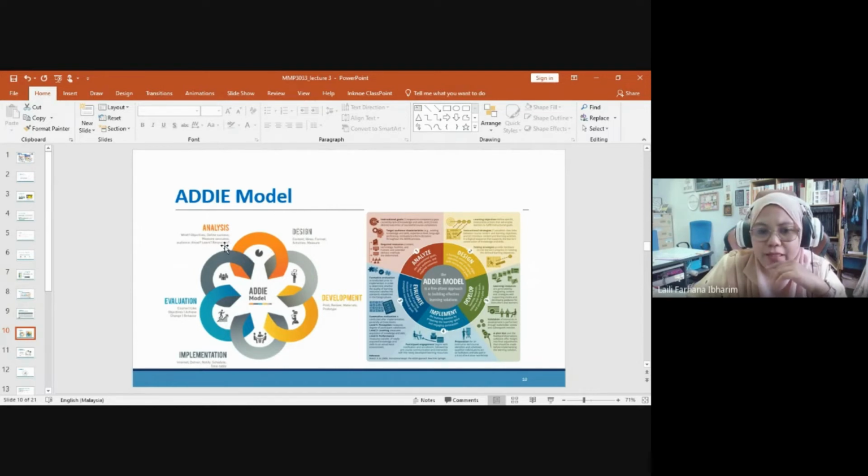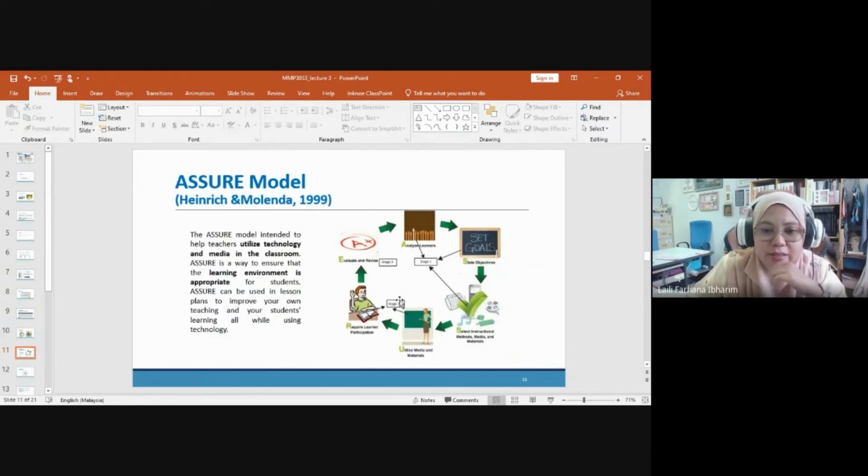We have analysis, design, development, implementation, and evaluation. You can also see in your notes the details about the activities for every phase here, as I mentioned earlier.